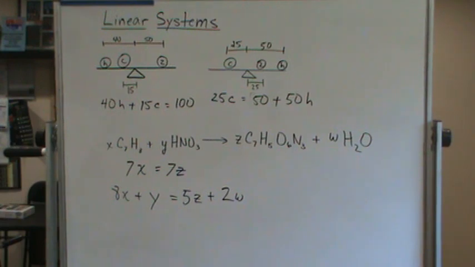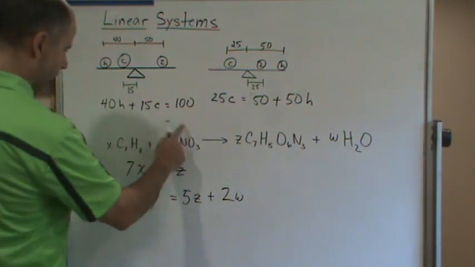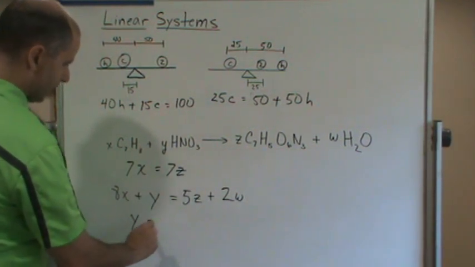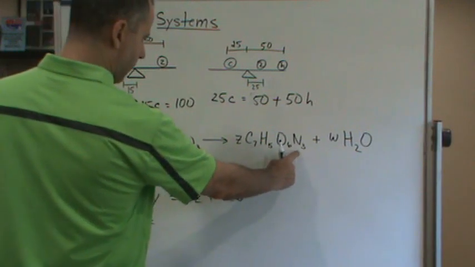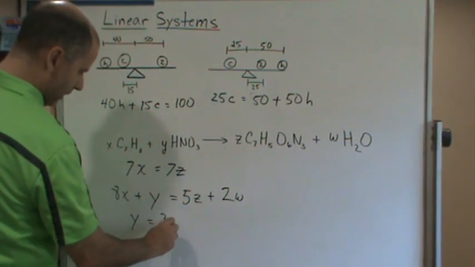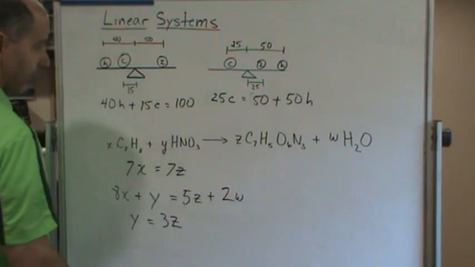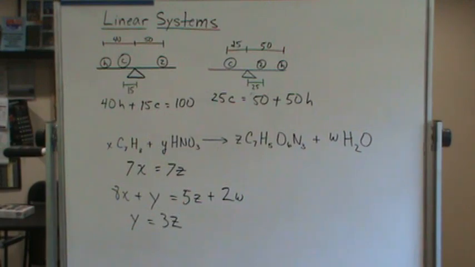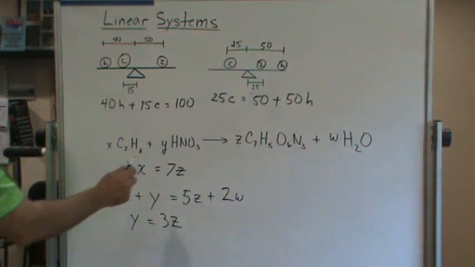Now we're going to look at nitrogen. We've got 1 nitrogen over here, so that's Y, and that has to equal 3 nitrogen over here times Z, so 3Z. That's it, because there are no other nitrogens over here. The last one is oxygen.